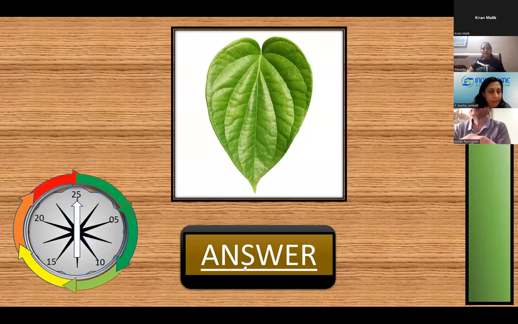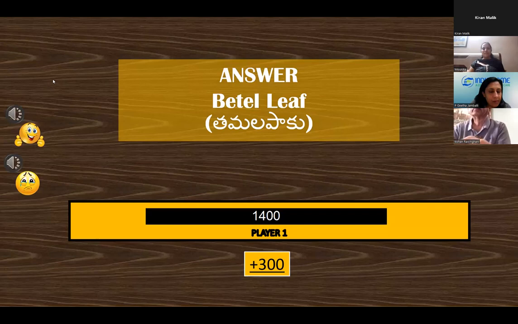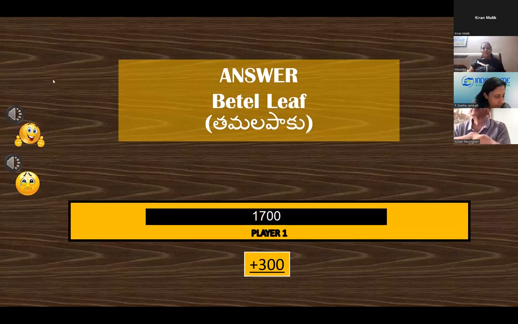Okay. So who knows the one biggest property and why women used to eat betel leaves in the olden days with a little bit of the pan, or what is it called, betel nut? Why did we eat it? It is good for the stomach. It's a digestive. Good for digestion.